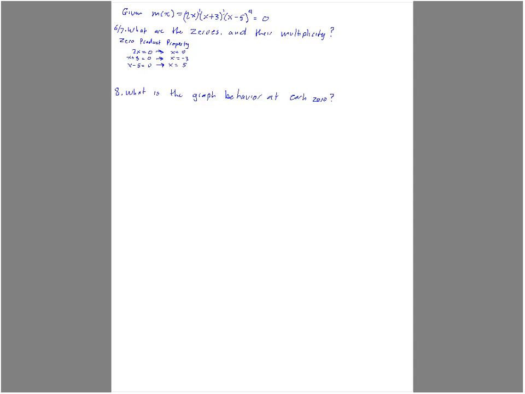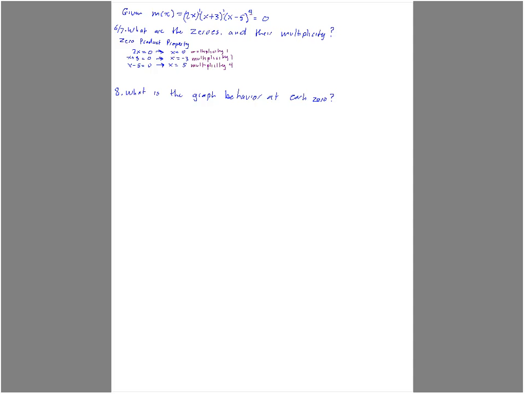So the multiplicity of this first one is 1. This is also multiplicity 1. And this is multiplicity of 4. 1, 1, and 4. Okay.